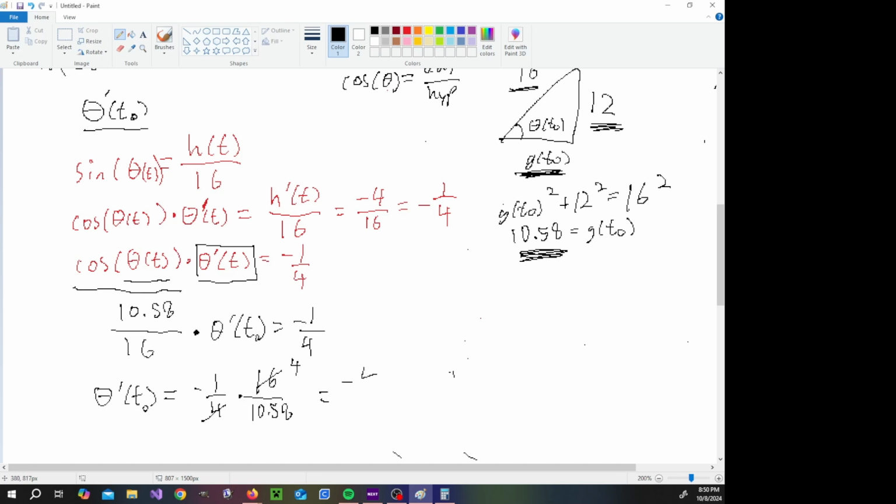So this is really negative 4 over 10.58. Very good. So this angle theta, we can simplify this out to something else if we had a calculator, and I do, but I don't think showing what that equals is so horribly important to us at this juncture. Very good. So that is enough of this latter question, I would say.